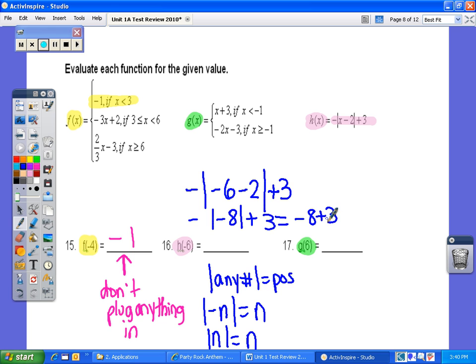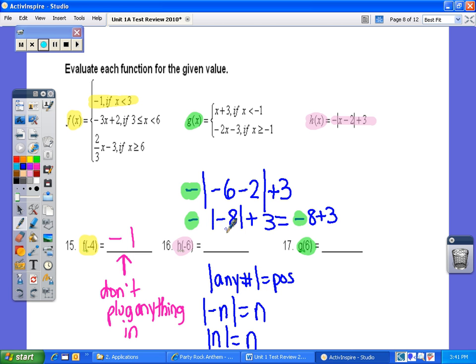Now this negative from the beginning stays with the whole problem. Okay, that negative is kind of like multiplying -1 to that 8 on the outside. So don't think that a negative and a negative equals a positive. It doesn't work in this case because this is absolute value.